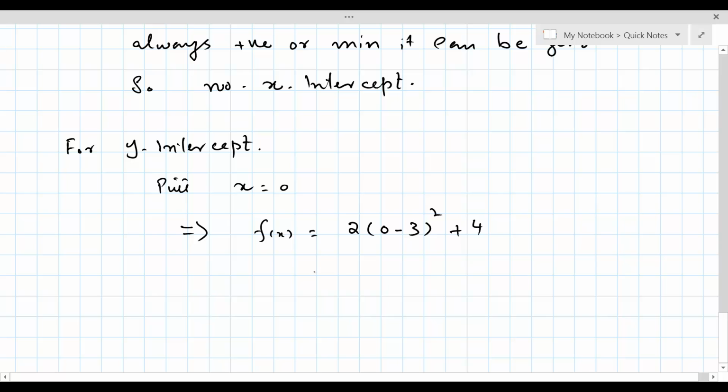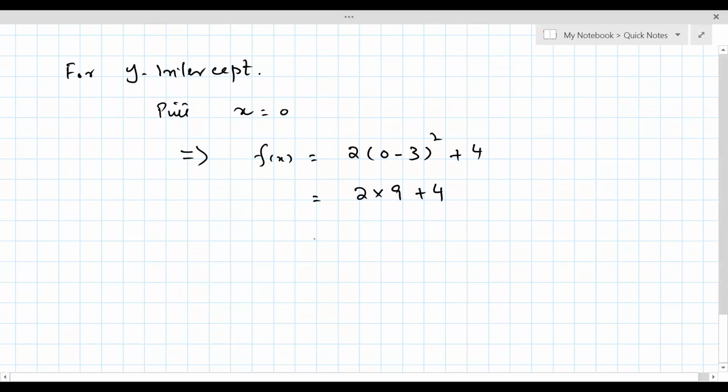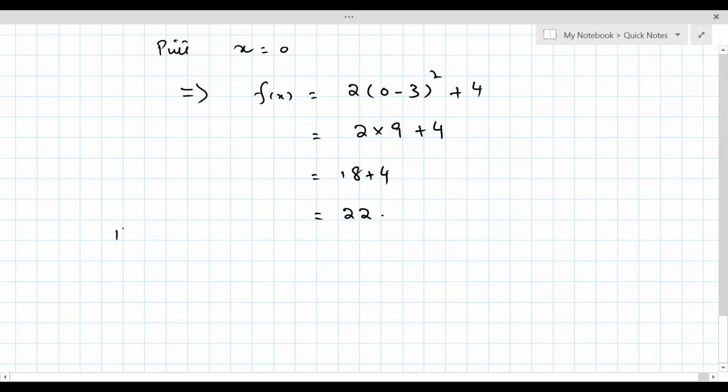So this is 2 times 9 plus 4, which is 18 plus 4, equal to 22. So the y-intercept is equal to 0, 22.